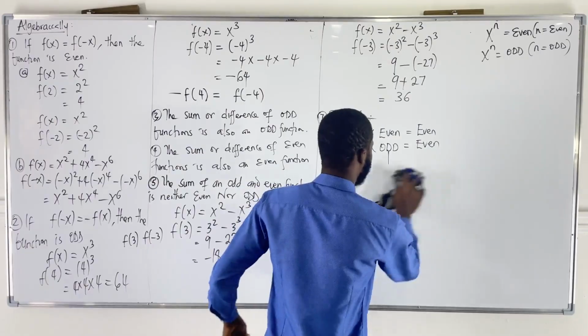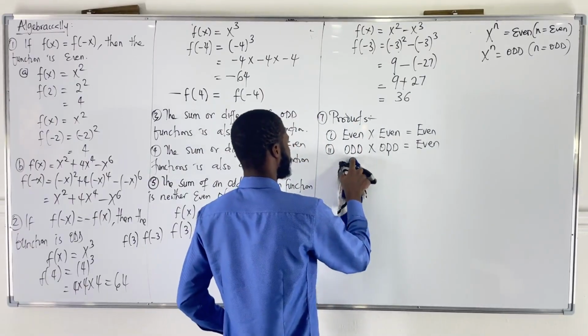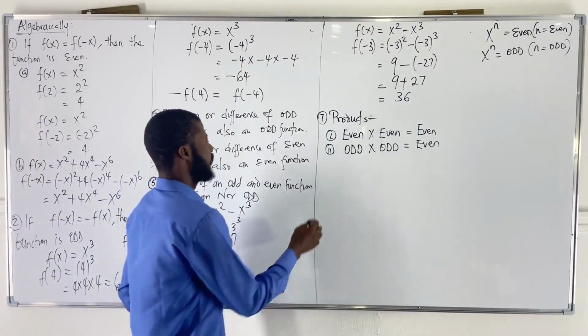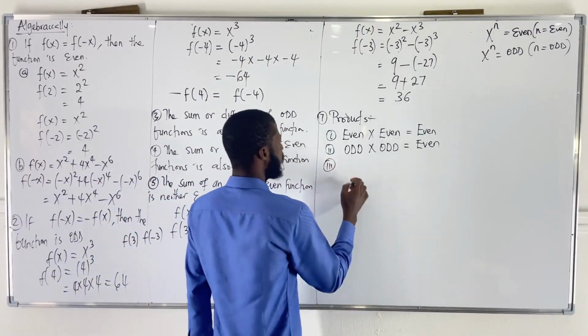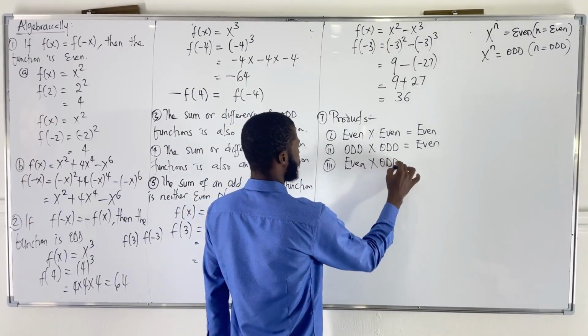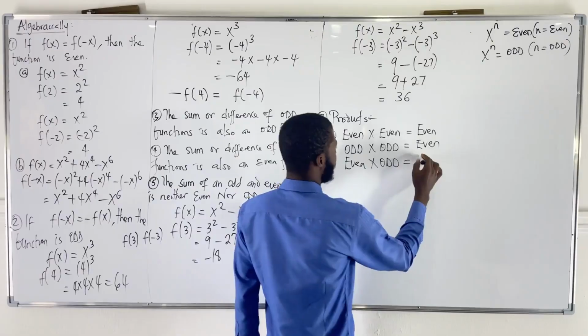I want to wipe this guy out. Number 3. An even function multiplied by an odd function would give us an odd function.